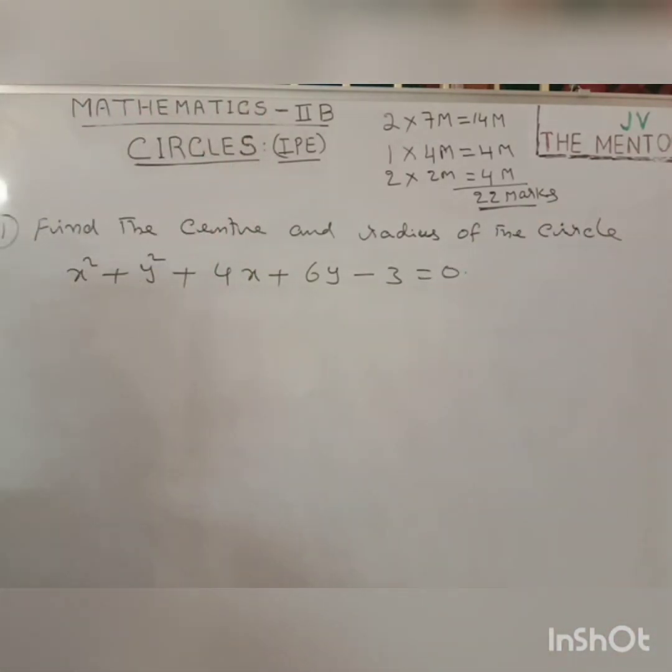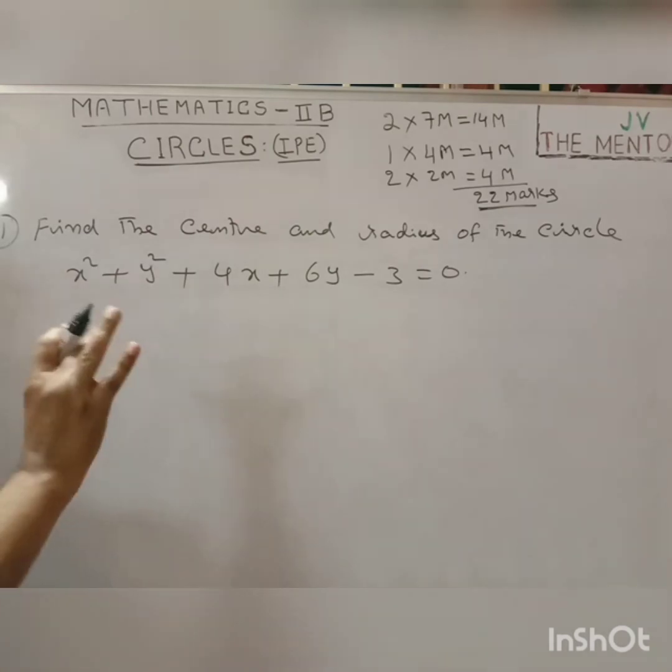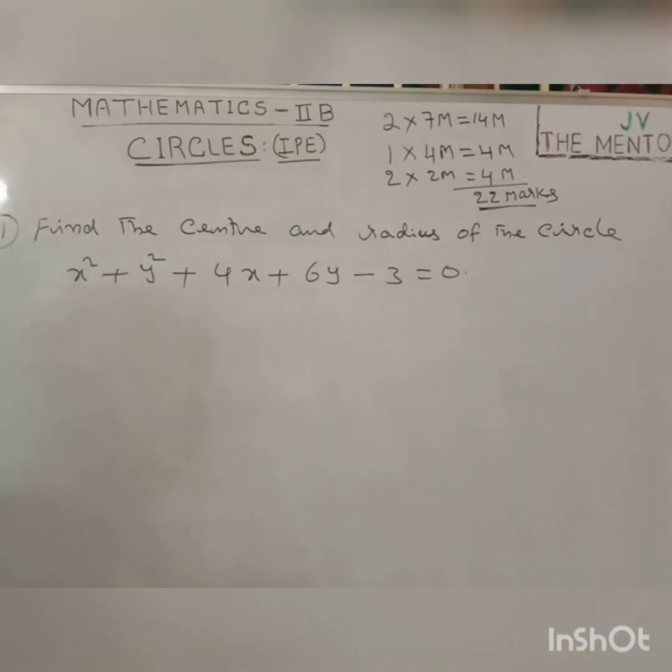What is the center of the circle? Minus g comma minus f. What is the radius of the circle? Root of g square plus f square minus c.